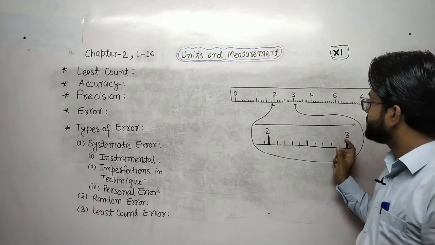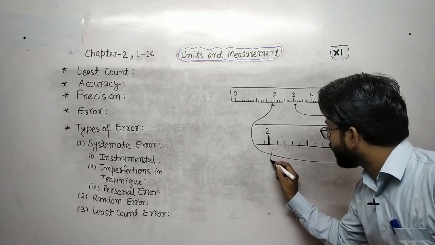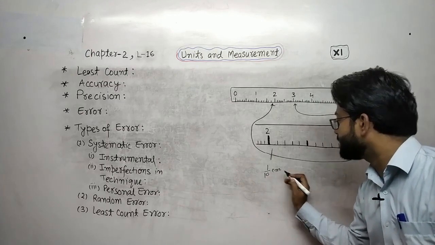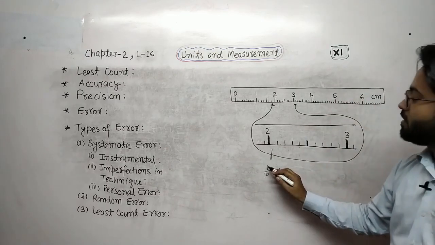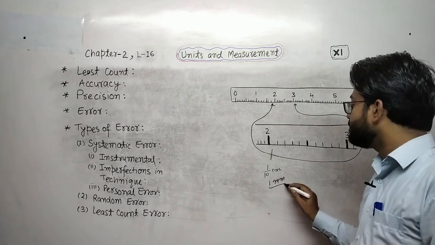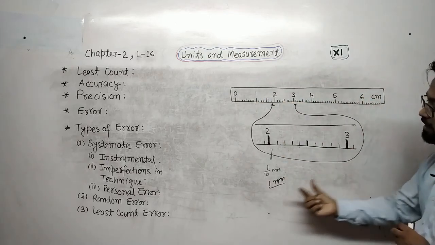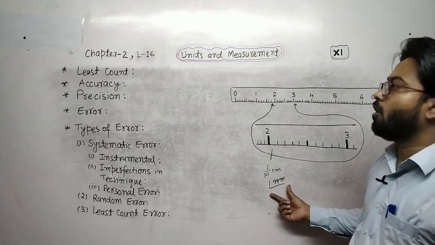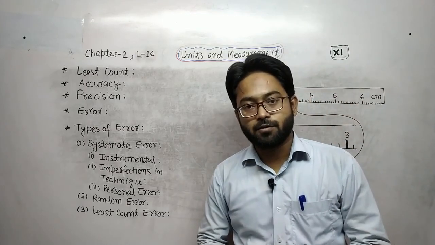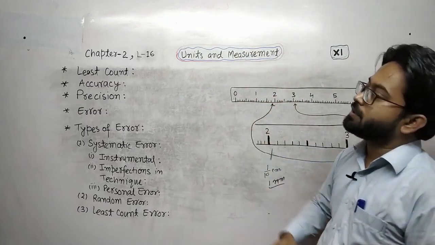That means 1 centimeter has 10 divisions, so one division is 1 upon 10 centimeter, or you can say 1 millimeter. It means the least count of this particular scale is 1 mm. The scale that you are using in the class has 1 mm least count.